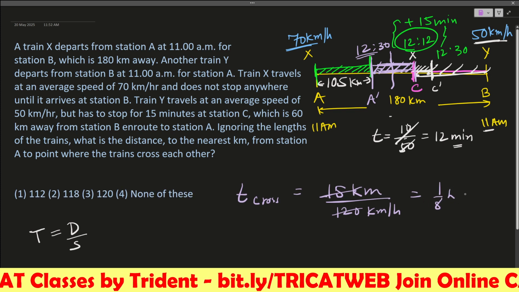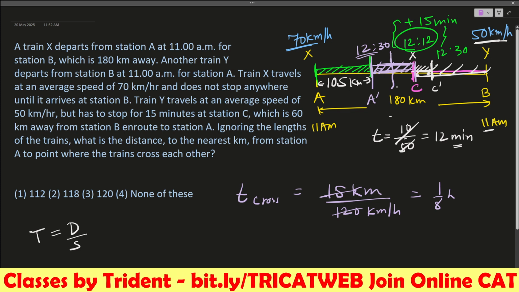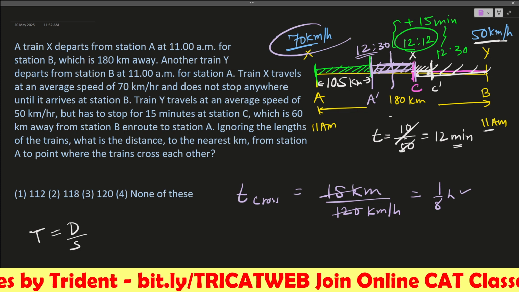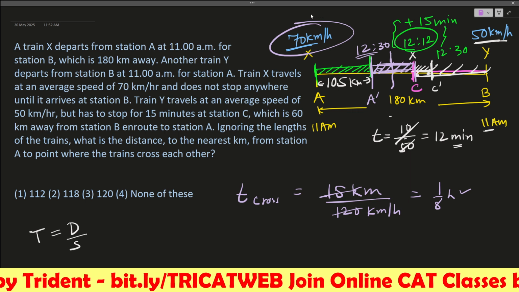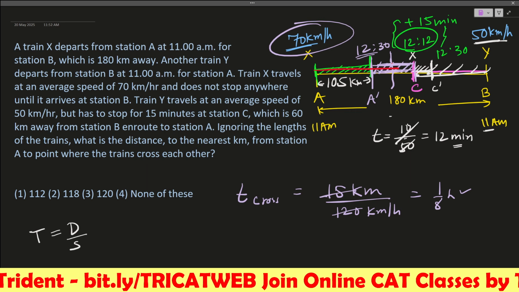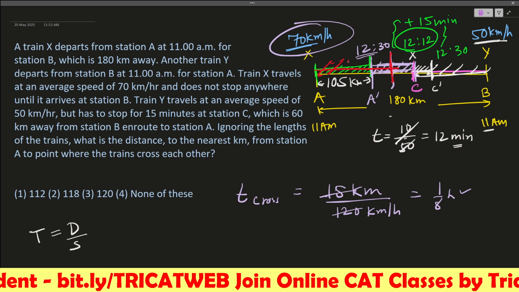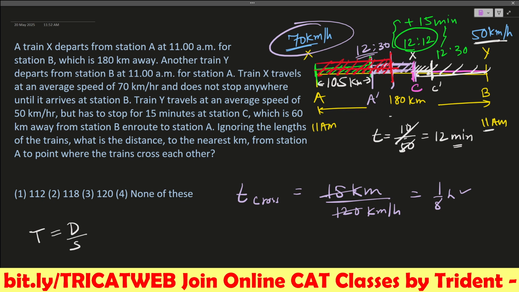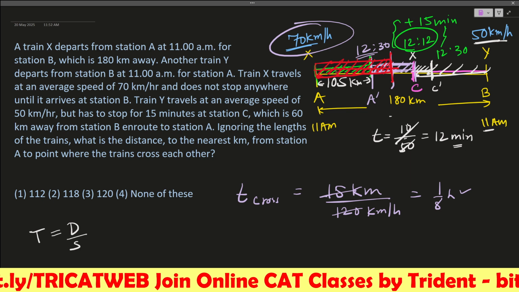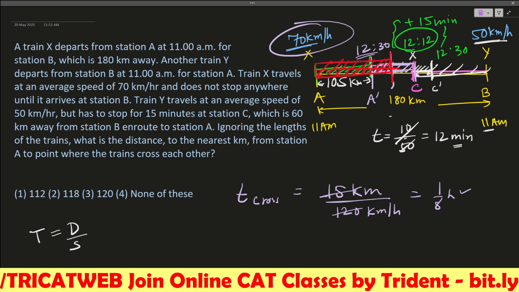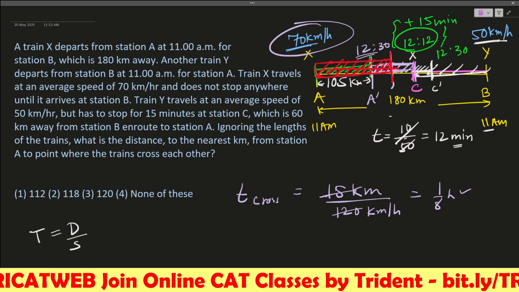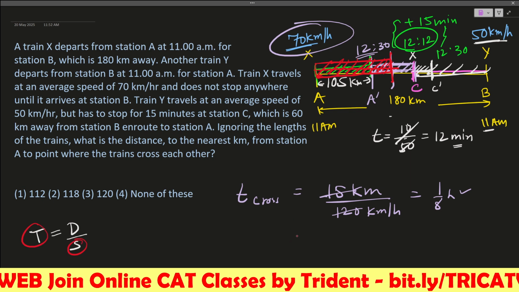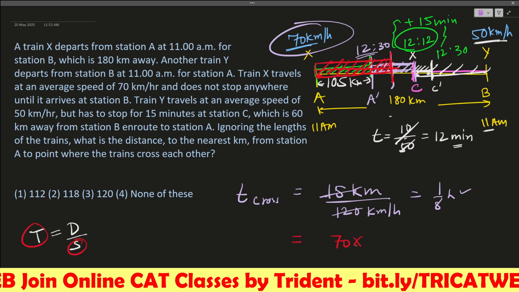Now the question is, in 1 by 8th of an hour, how much distance would this train be covering? So effectively this distance, the one that I'm shading in red, this much distance. So you can do 70 into 1 by 8, that is speed into time.